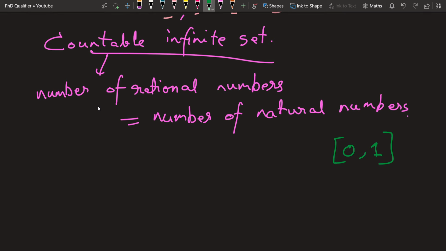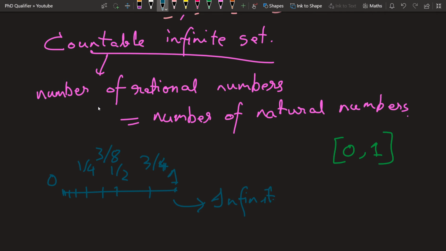If you simply keep on dividing by 2, like 0 and 1, these are rational numbers, this is half, this is a rational number, this 1/4 is a rational number, and so on. If you keep on dividing, you will get rational numbers. In between this, you get 3 by 8 here, you get 3 by 4 here, and so on. There are so many rational numbers in just 0 and 1. This itself is infinite.